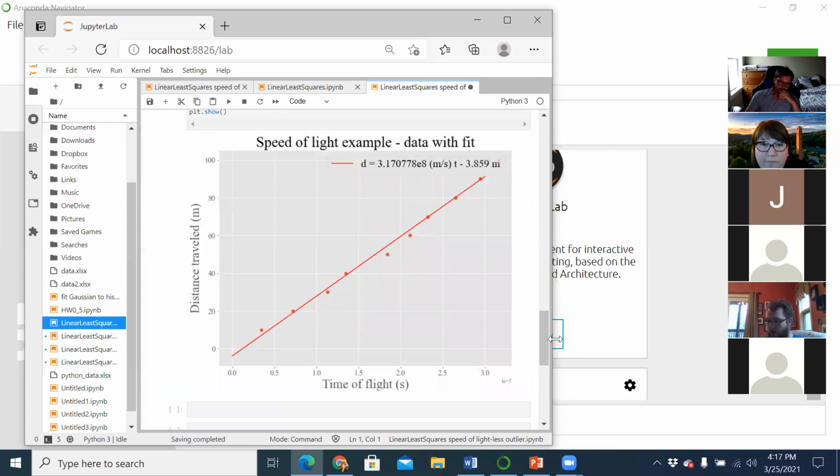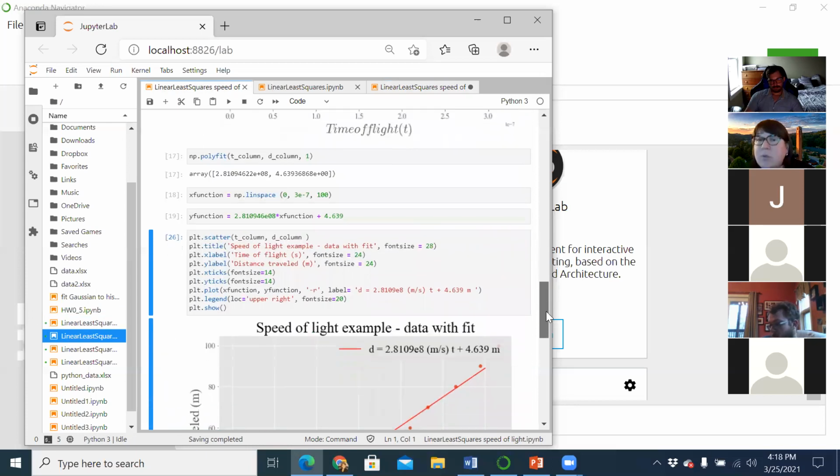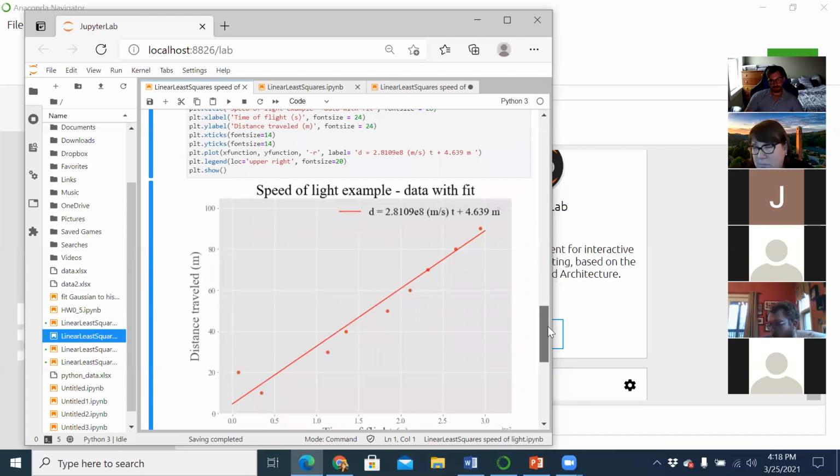Our new fit looks like this. We can see that the line goes through the points a lot better. I didn't calculate chi-squared or r-squared, so that'll be something I tell you next time. We have a new value for the speed of light, 3.17 e to the 8, where it was 2.81.